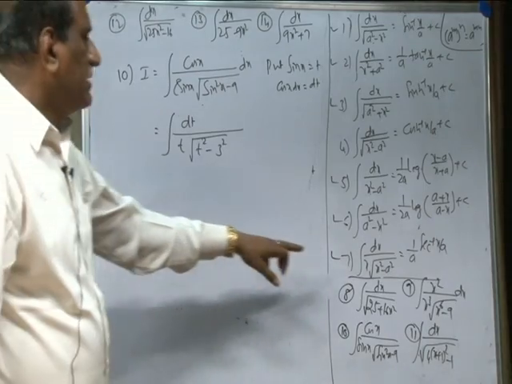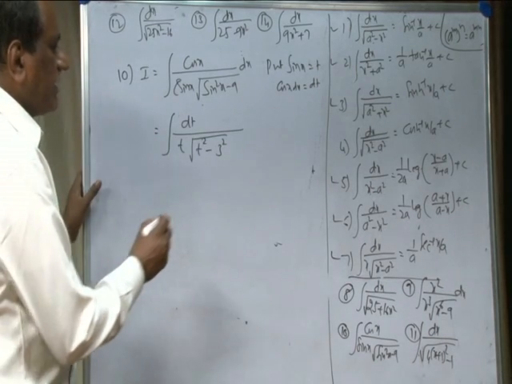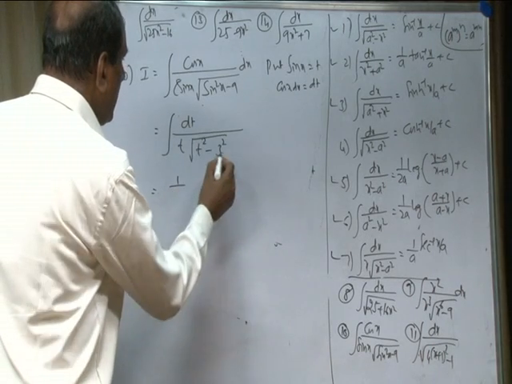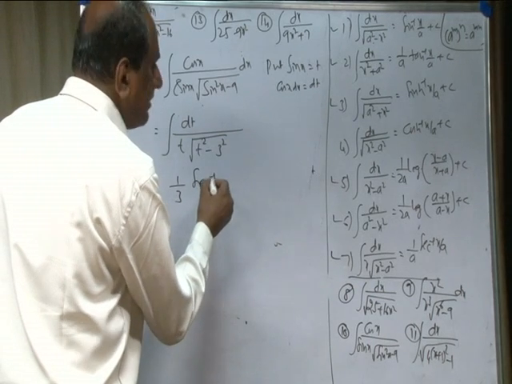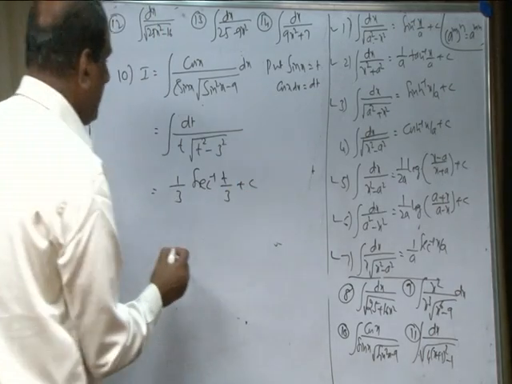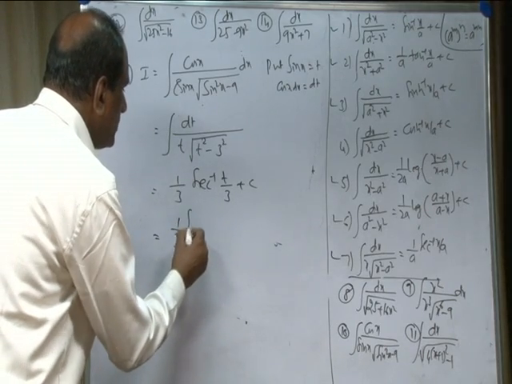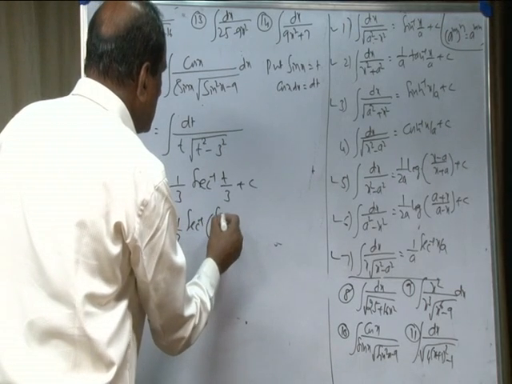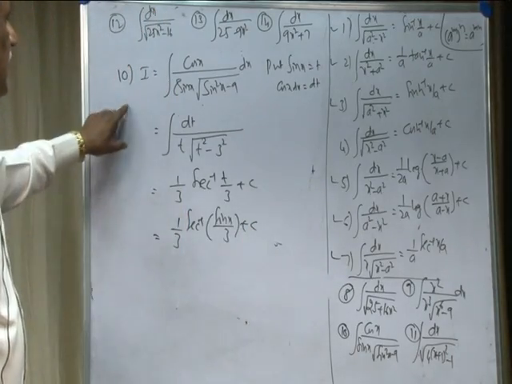This is also of the 7th form, dx by x into root of x square minus a square, that is 1 by a secant inverse x by a, where x is t and a is 3, so plus c. Now, substitute back for t. So, 1 by 3 into secant inverse, what is t? t is sin x, so secant inverse sin x by 3, plus c. So, 7th standard integral.